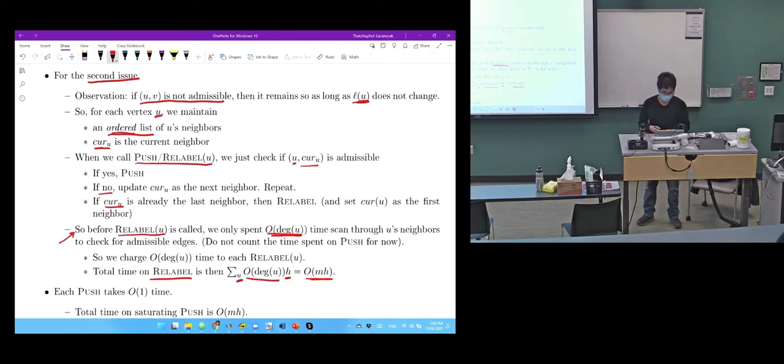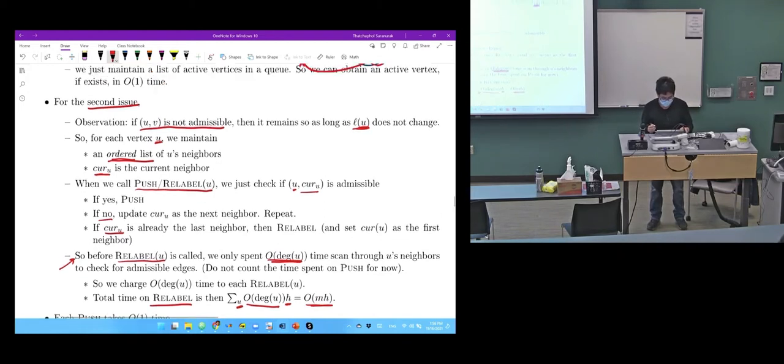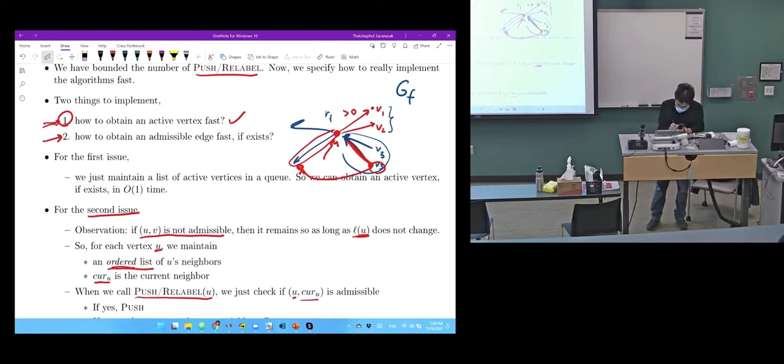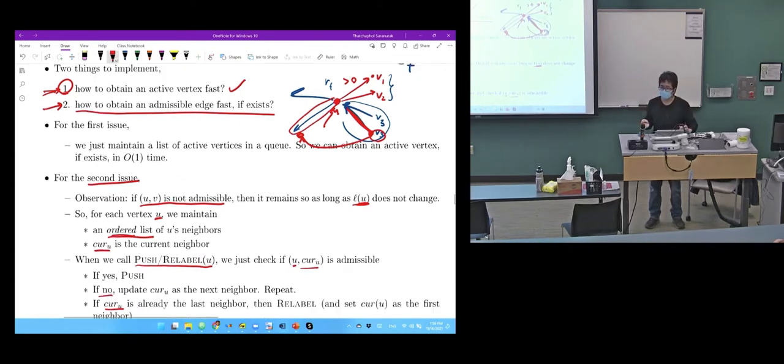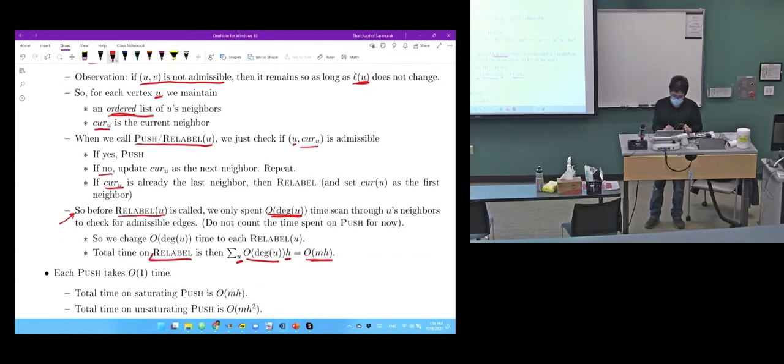Basically, to get this admissible edge fast, we maintain this ordered list and charge the cost of scanning the list to relabel, and the total cost of relabel is then mh.